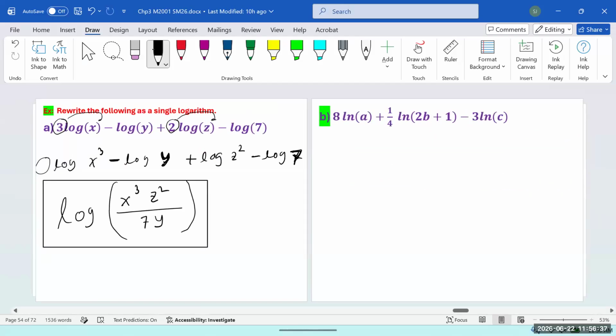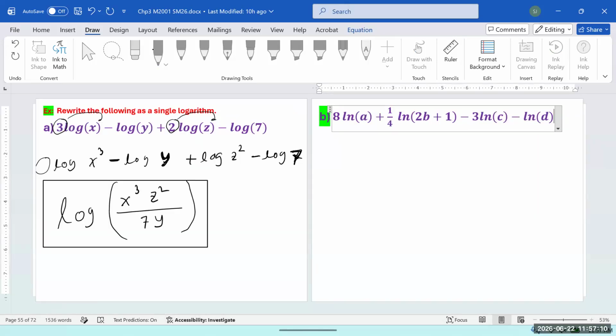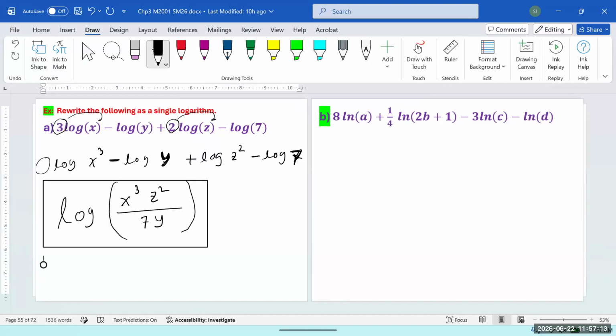Okay. Combine. Well, let me give one more. This is minus ln of A, B, C, D. Okay.